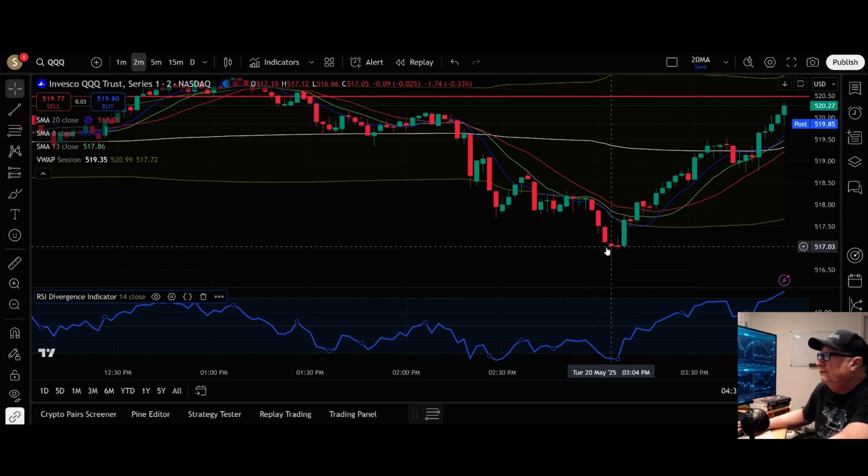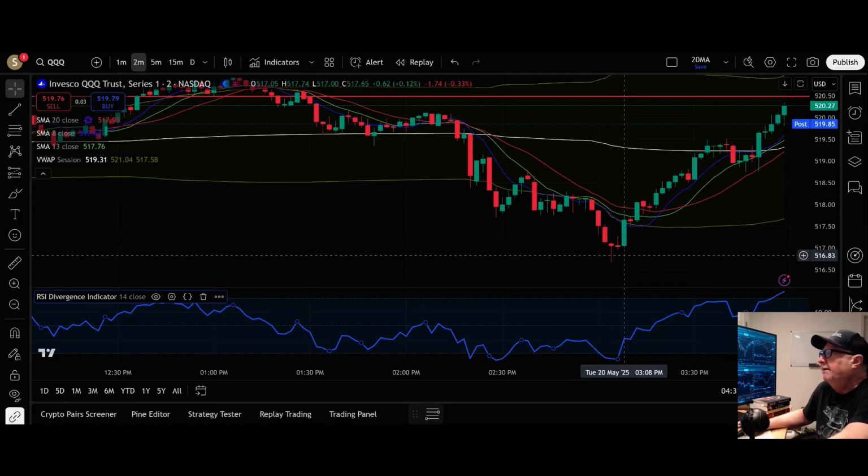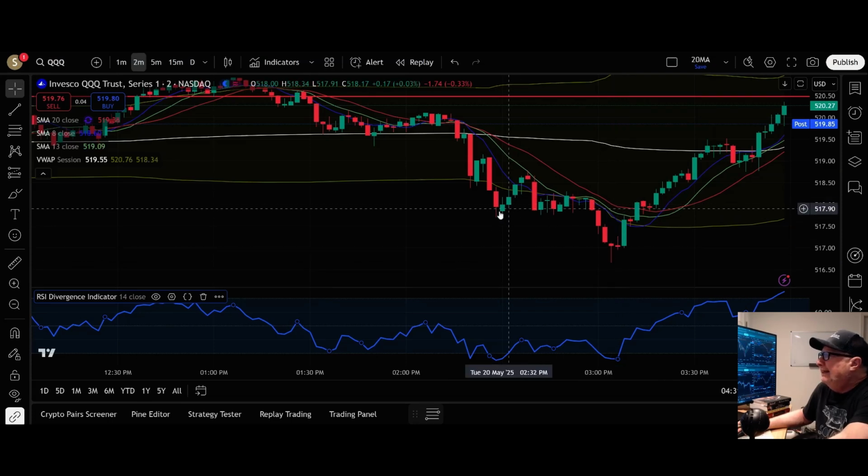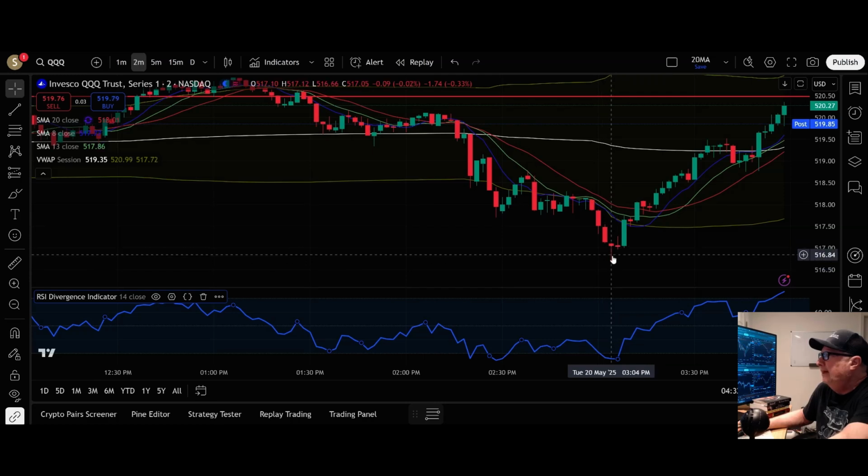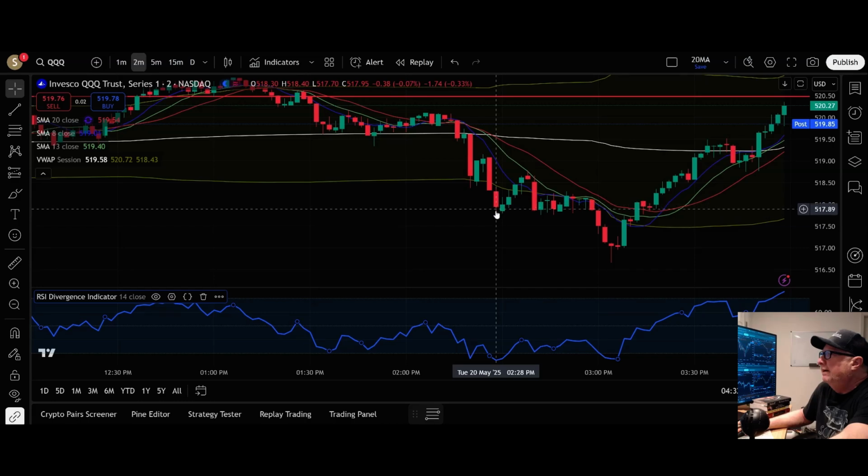But you also had, in combination with that positive divergence, a bottoming tail, right? Here, you have a little bit of a bottoming tail, but it's much nicer to have a bottoming tail like this with a small body and a long tail than this large body and a smaller tail compared to the body.